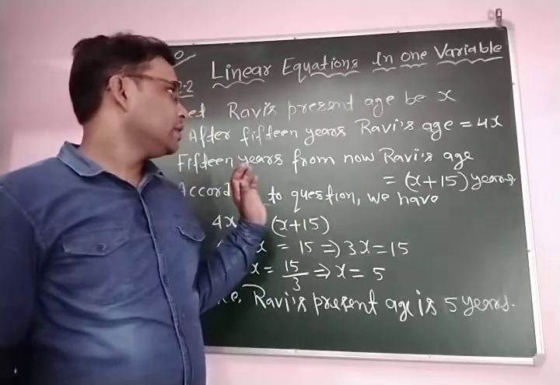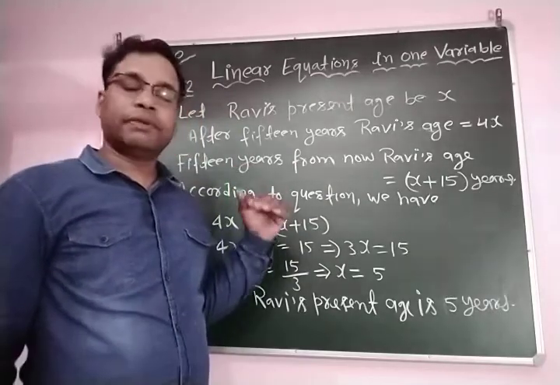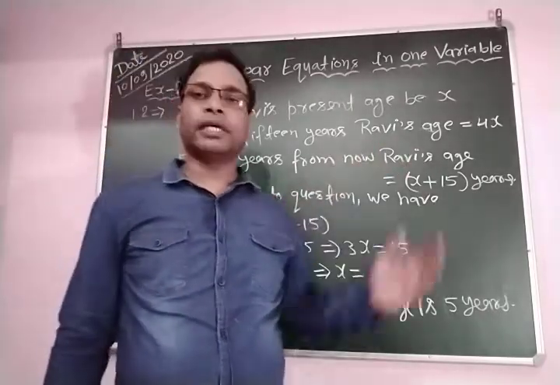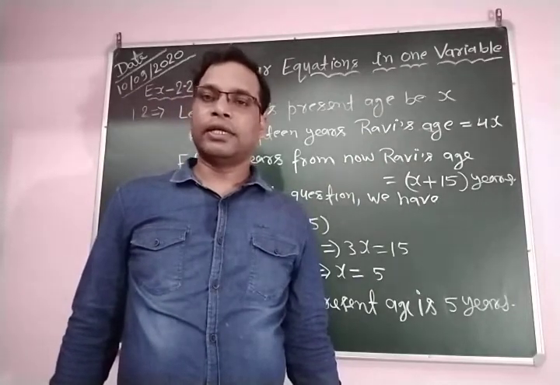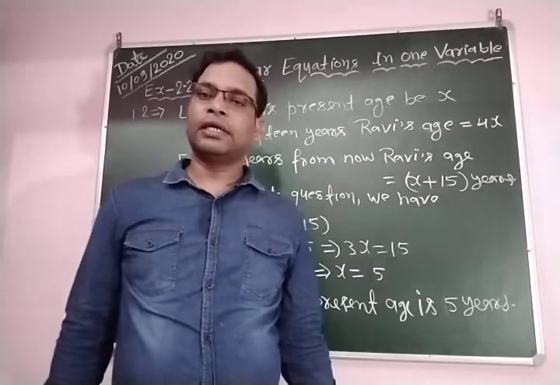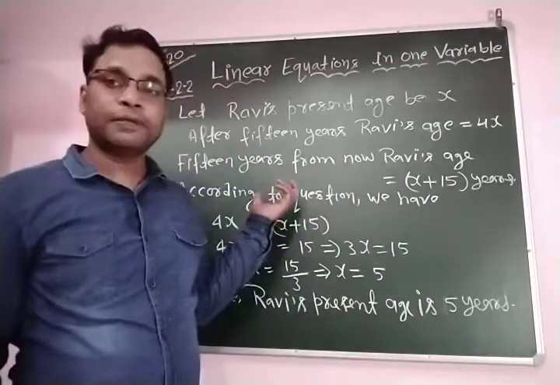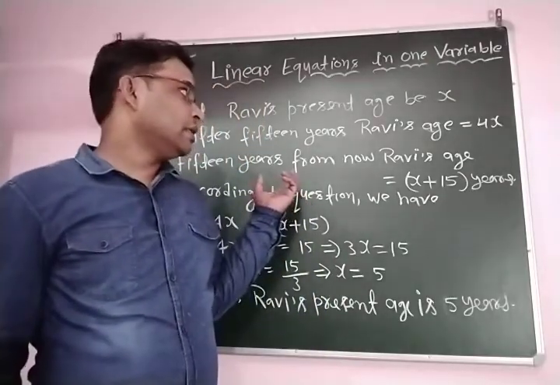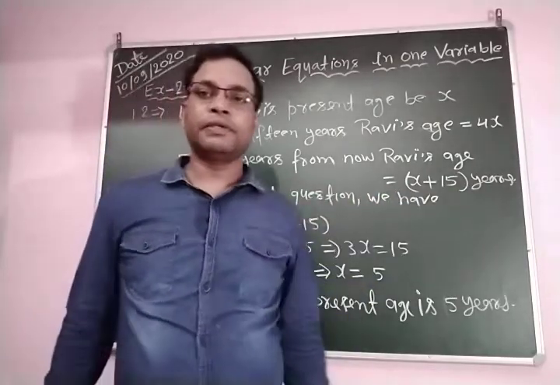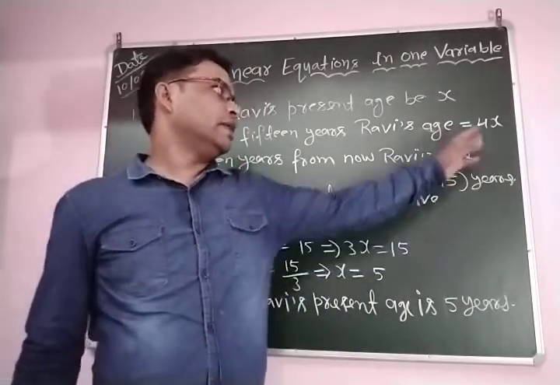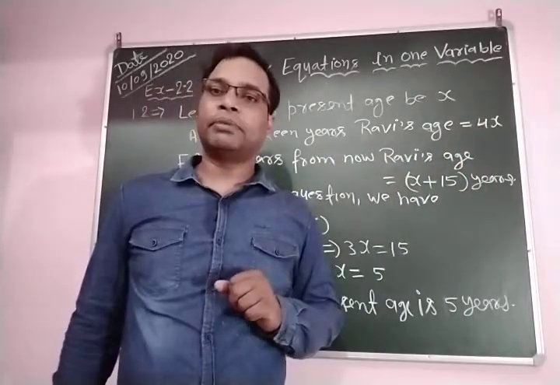Ravi's age after 15 years is 4x, because it is given as 4 times the present age. And also Ravi's age after 15 years is x plus 15. So we find two expressions for Ravi's age after 15 years.